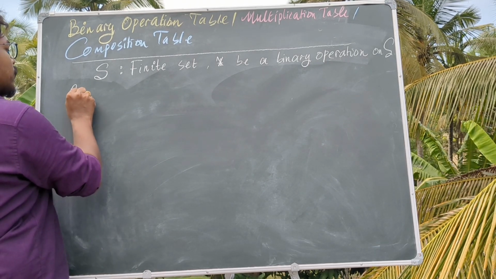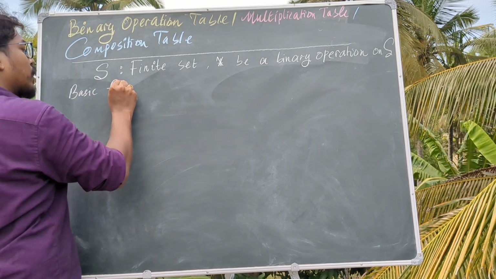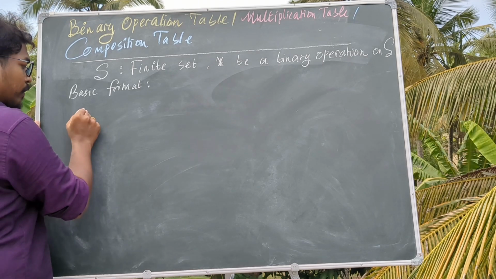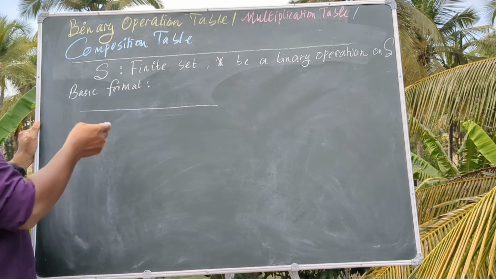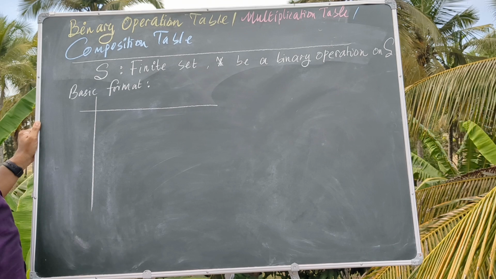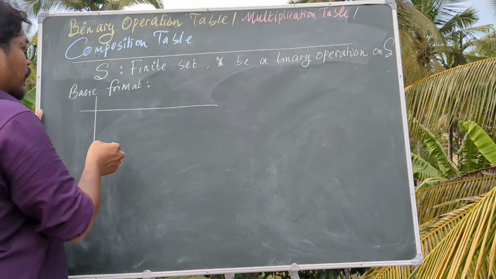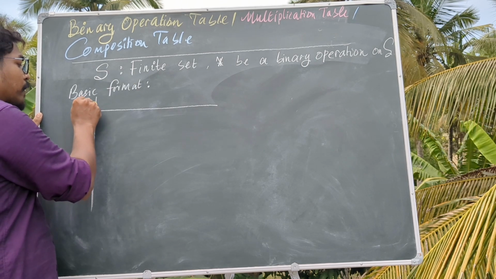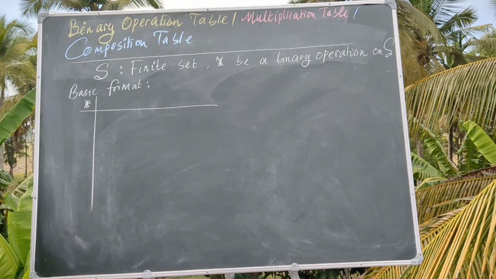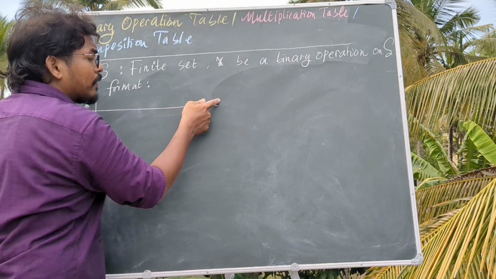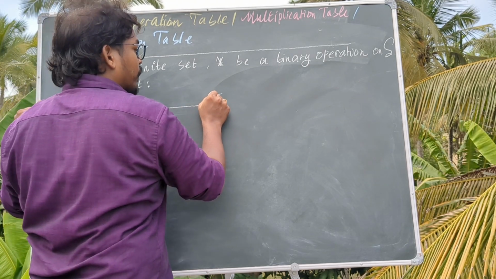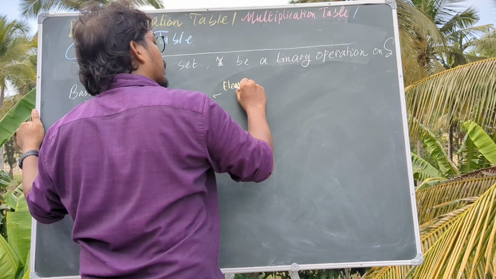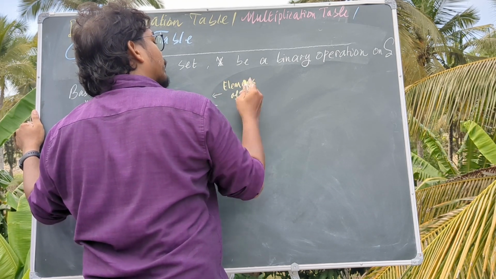So the basic format for this table is, we have one header in row and in column, and in this position we have our operation, and here we have all elements of the set S. Here we have elements of S.